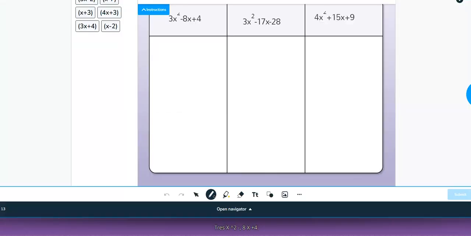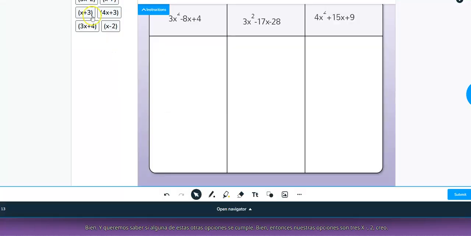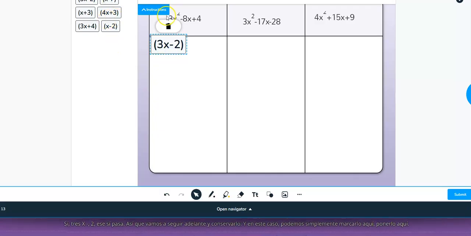Our choices are 3x minus 2, I think. Yep. 3x minus 2 does go through, so we're going to go ahead and keep it, and we can just mark it here. We already have the 3, so let's not look for something with a 3 in the front.